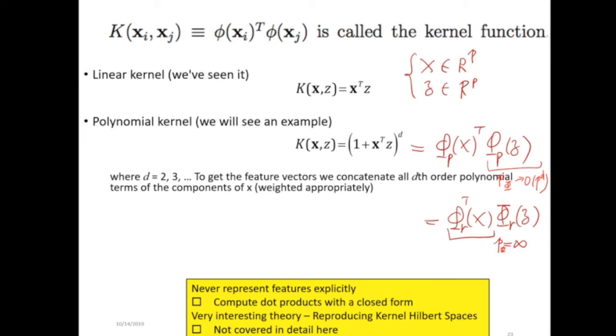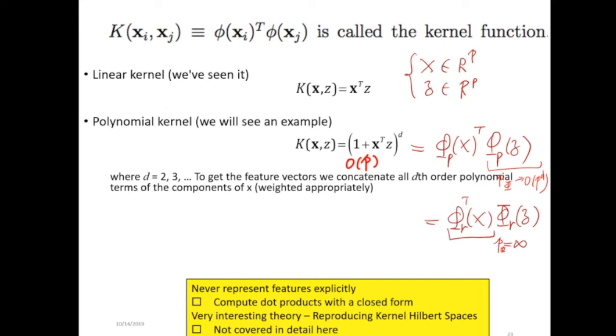But if you decompose it, explicitly writing it into all the possible polynomial terms, what will be the cost? This is O(p to the d). So this basic form is only O(p) cost. But if you do this explicit phi(x), phi(z), all the polynomial representation, then doing the inner product, this actually costs O(p to the d). And actually you can prove this is equivalent.